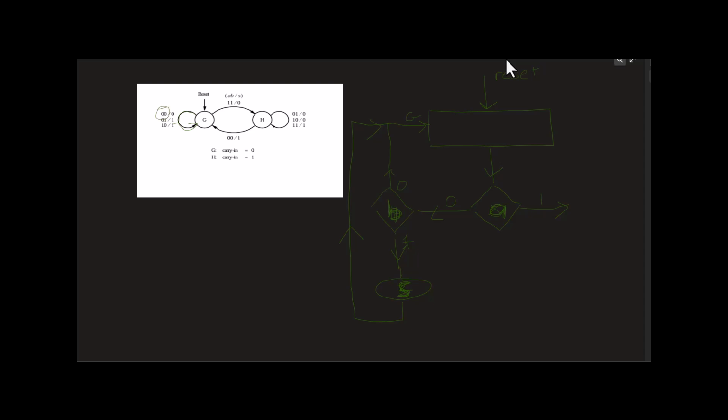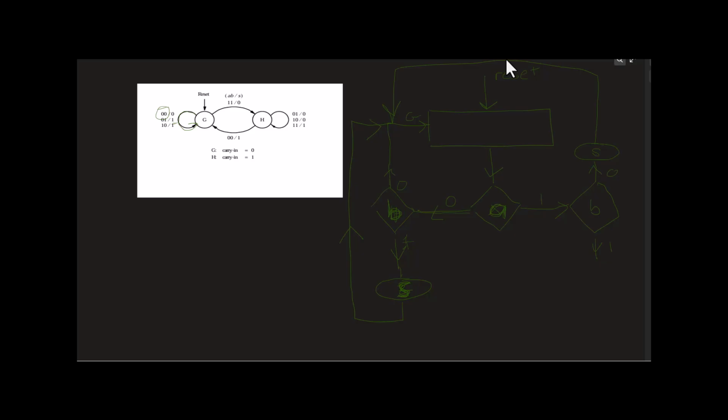So 0, 0 means I get a 0 on A, and then I get a 0 on B. And if I get a 0 on A and a 1 on B, I go to S and then back to G. If I get a 1 on A, then I check my B. And if I get a 0 on B, I get my output of S, and I go to G.